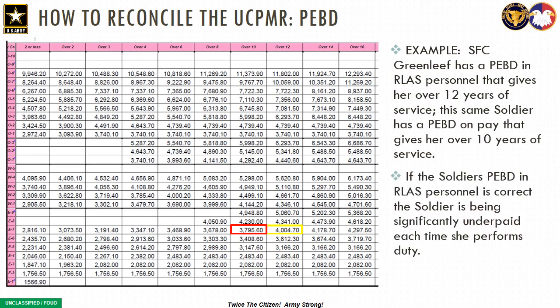If the pay entry basic date is correct in personnel and the soldier performs 15 days of AT, the soldier will be paid $1,897.80 when the soldier should have been paid $2,002.35. This is an underpayment of $104.55.